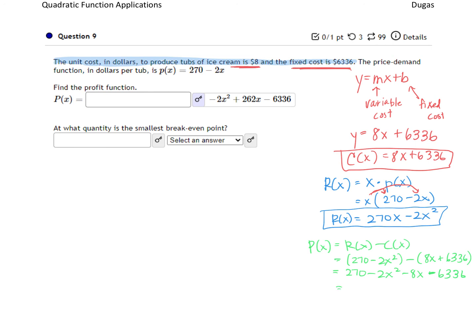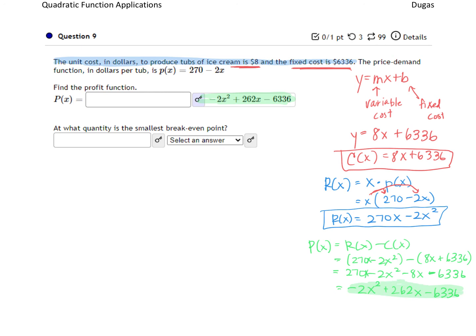And then finally, we will have negative 2x squared plus 262x. Uh-oh, somewhere I lost an x. I'm supposed to have an x on the 270. So now 270x minus 8x is the 262x. And then minus the 6336. And you can see that that is the answer that was provided in the answer key. So that's correct, right there. That's what we were trying to find.